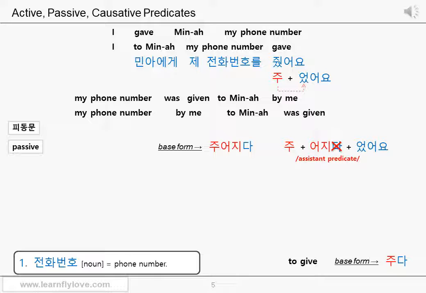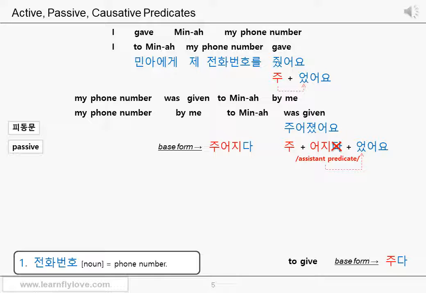And 지 and 었 sound combine one more time as they do always. 지었, it becomes 졌 sound with 여 vowel. So 주어졌어요. Was given. Is given, 주어져요. Was given, 주어졌어요.